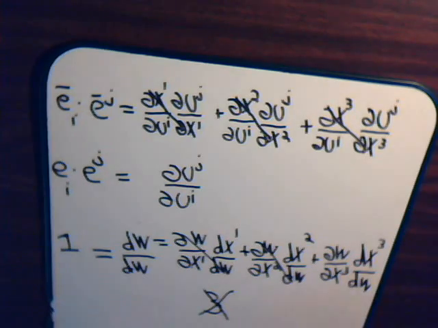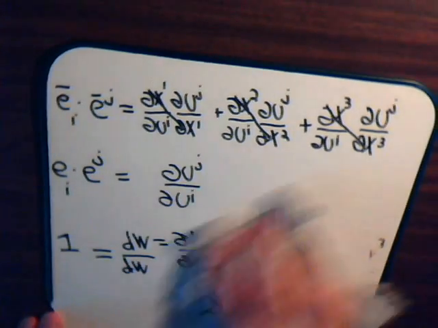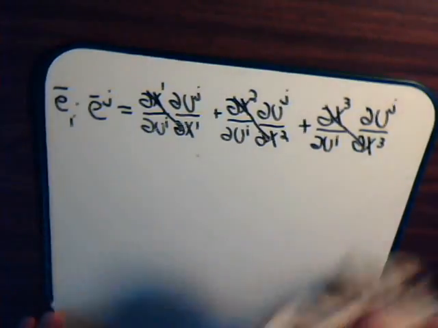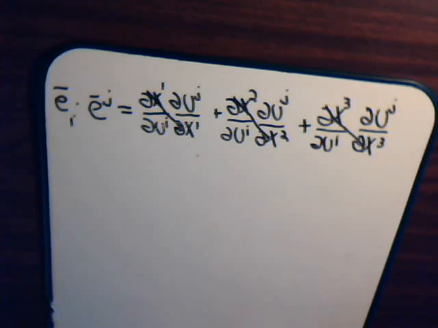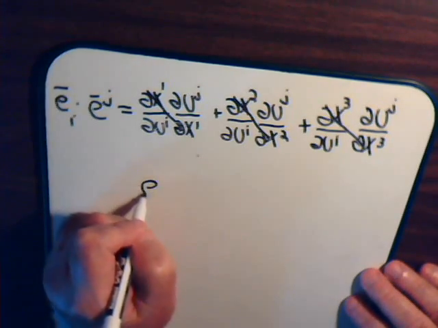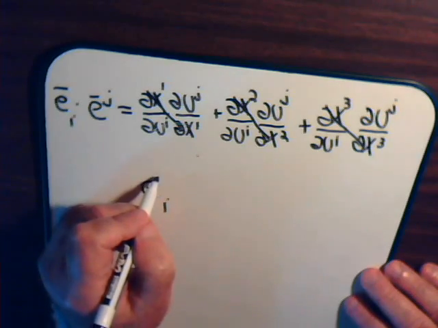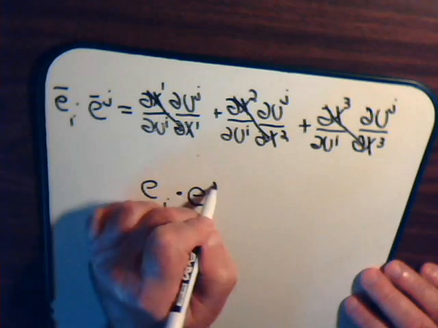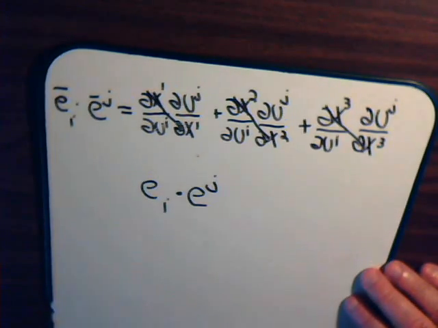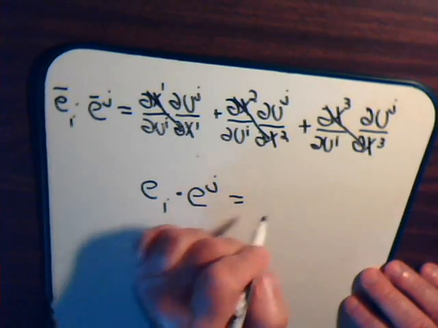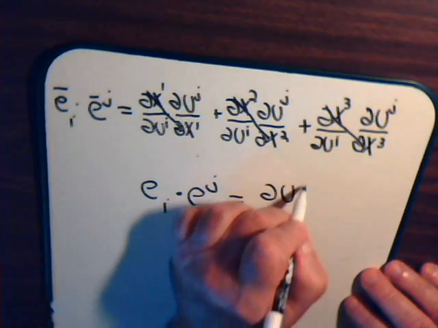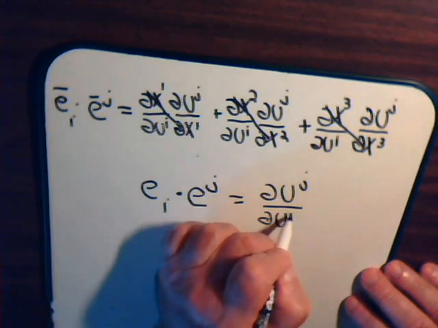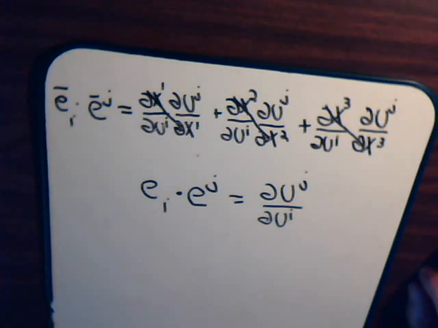Now, let's see what this means. In fact, let's just write it over. We have that this is a tangential vector dot the new kind of vector we just made, and we said that is equal to the partial of u_j with respect to u_i.